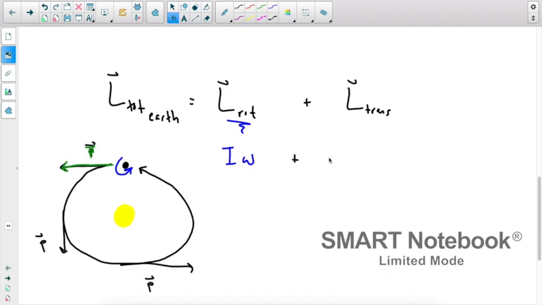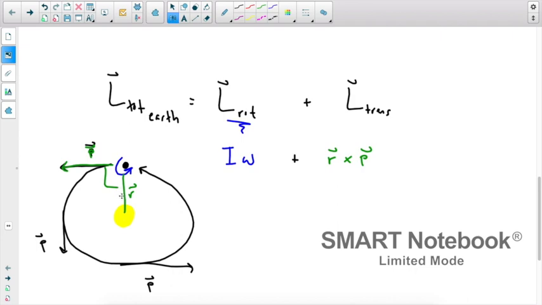And that would be r cross p, where the r vector is going to be right here. Just draw a line from the axis of rotation to the Earth. That's going to be the distance that the Earth is from the sun. The cross product with p is worried about the angle between those two vectors. That's a 90-degree angle.